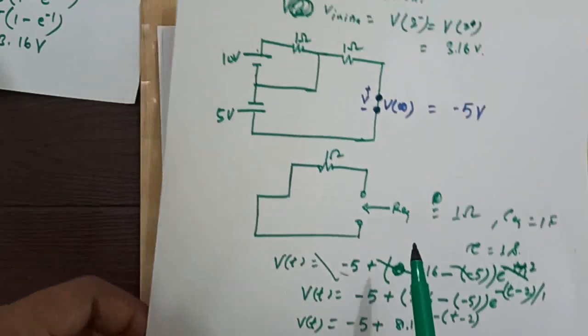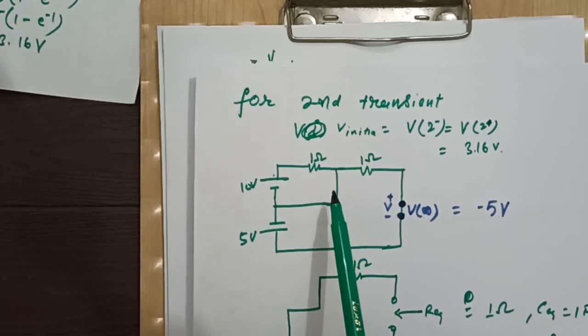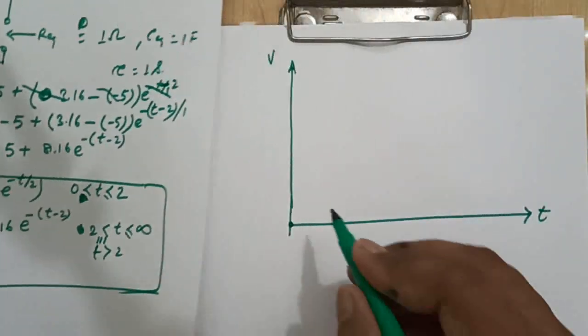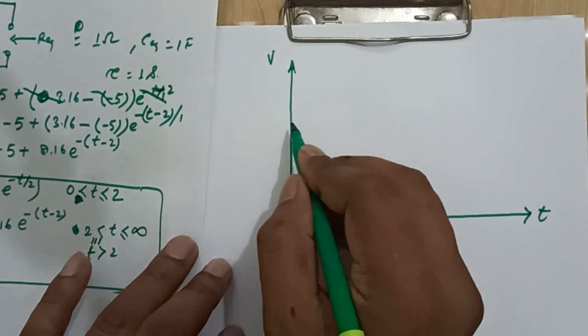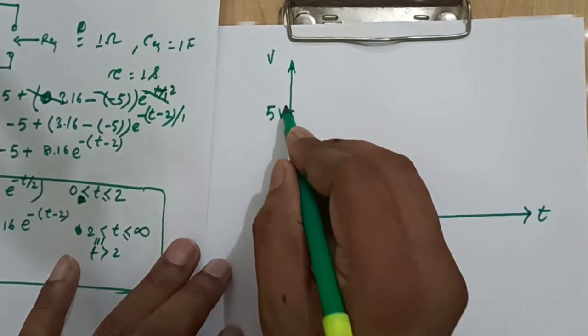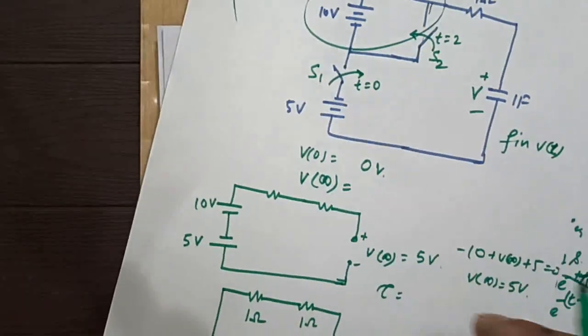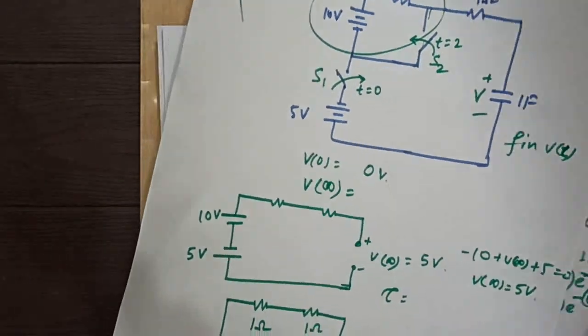Now see, as I already told, if I don't introduce the second transient, it will follow a path like this. Let us say this is 5 volt. V infinity for the first transient was 5 volt.